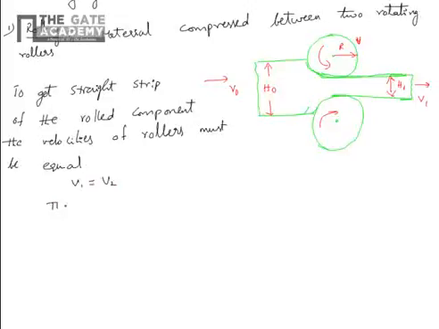We know that velocity equals pi d n, and the diameters have to be the same.